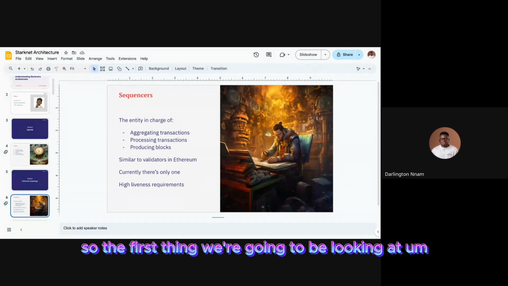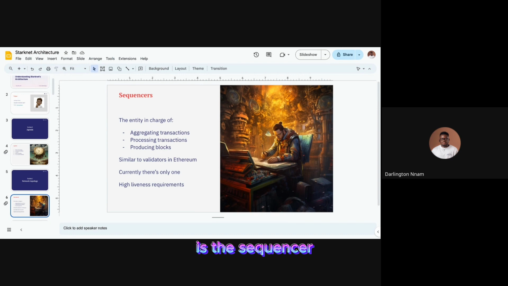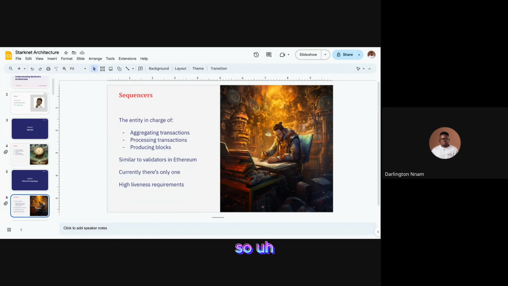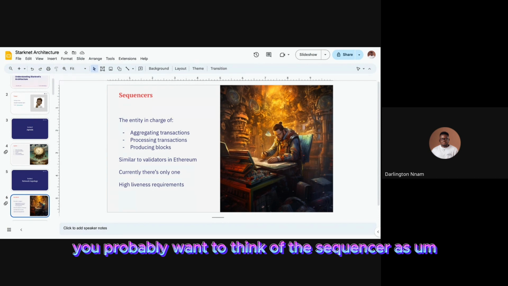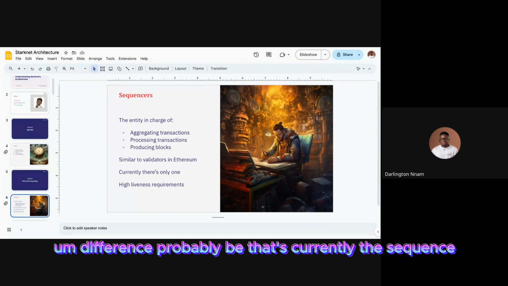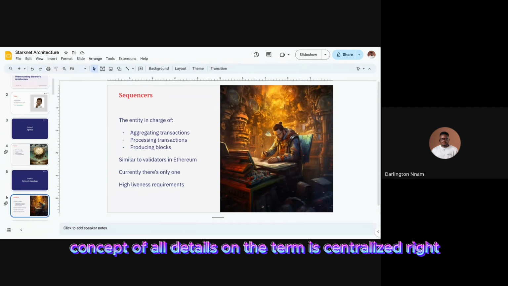All right. The first thing we're going to be looking at, with regards to Starknet's network topology, is the sequencer. The sequencer is a concept you're probably already familiar with. It's the entity in charge of accepting and aggregating transactions, processing them, and producing blocks. You can think of the sequencer as similar to validators in Ethereum, although currently the sequencer is centralized in Starknet, while validators on Ethereum are decentralized.